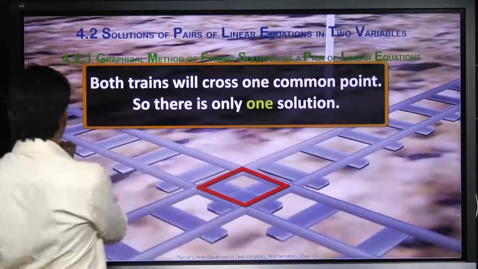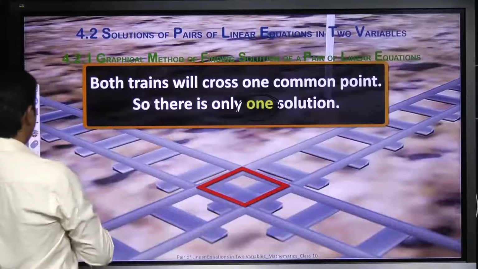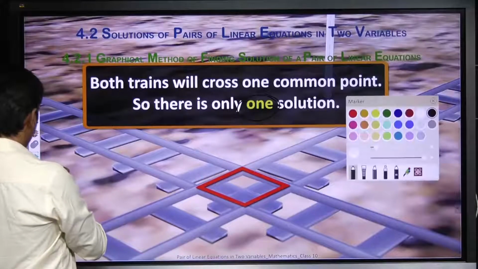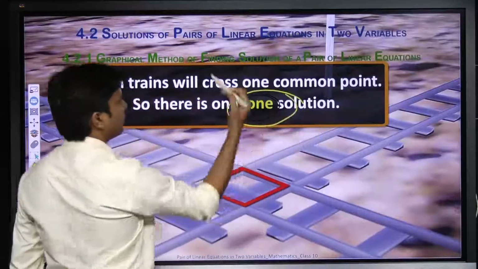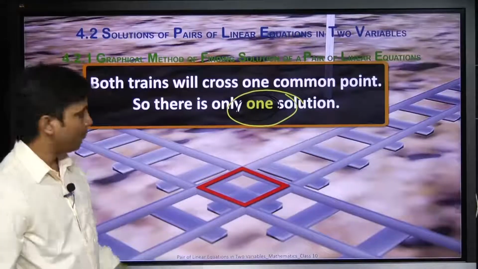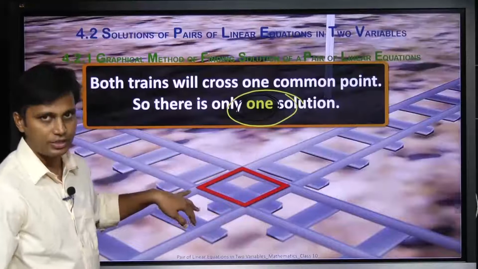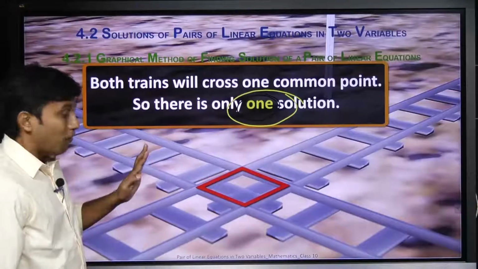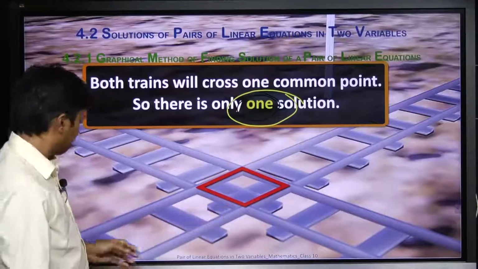How many solutions are there here? See, this is one solution. One solution is there for these two trains which are moving on two different tracks. Understood? So what type of simultaneous equations will represent that? See here.